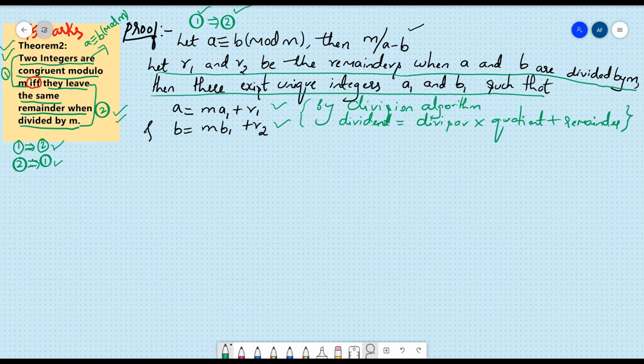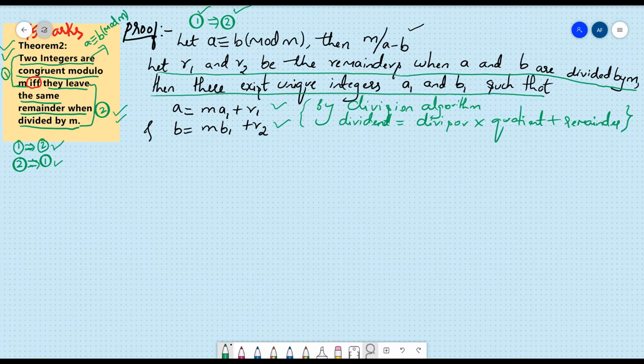I'll state the division algorithm here: for any given integers A and M, when M is not equal to 0, then there exist unique integers, let me consider them as A1 and R1, such that A is equal to M A1 plus R1.